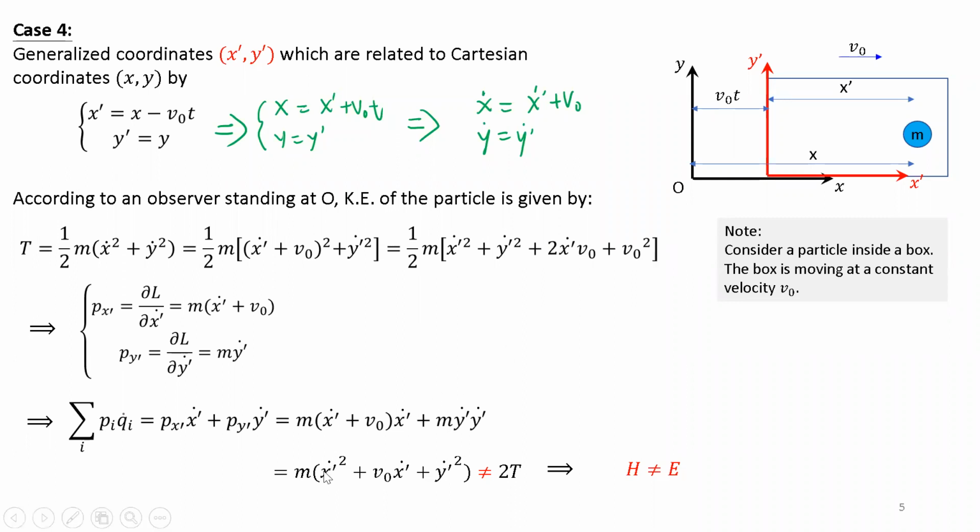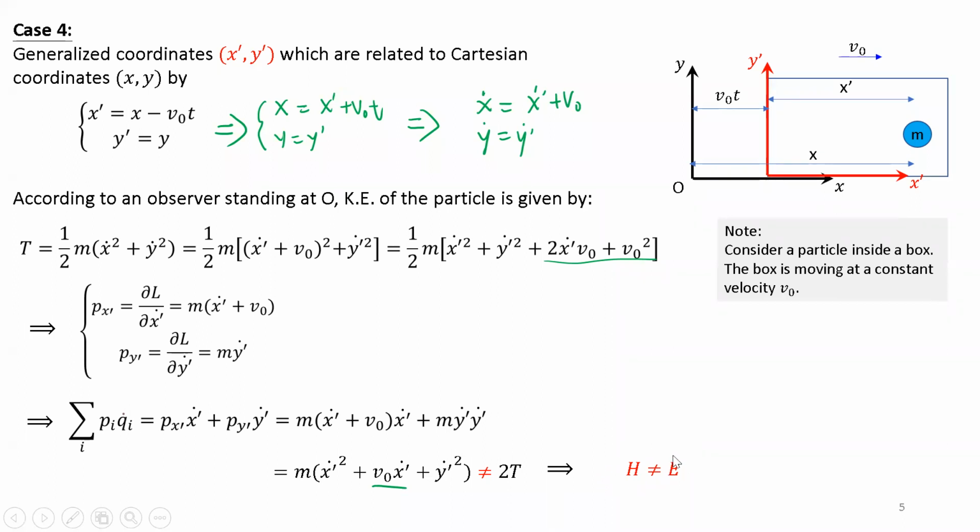I have the x dot square term, and I have the y dot square term. These two. But you can see that these terms are different from these two terms. So this time, we see an example where the Hamiltonian is not equal to the total energy of the system.